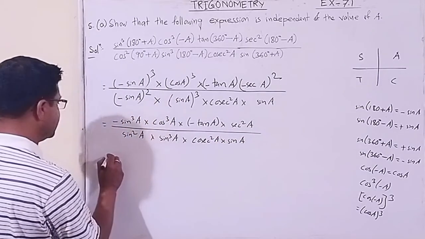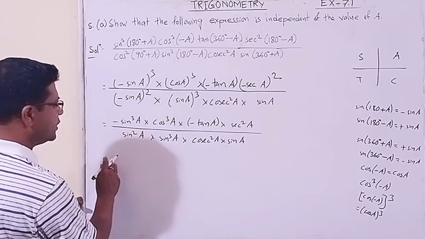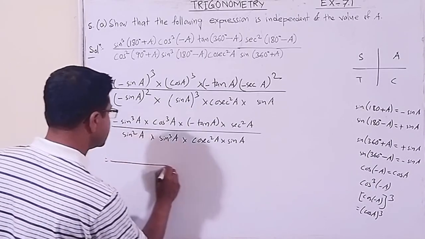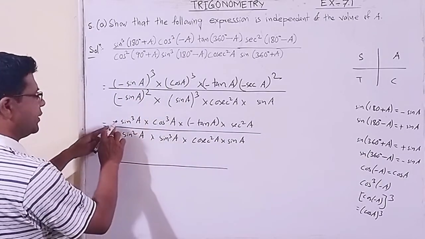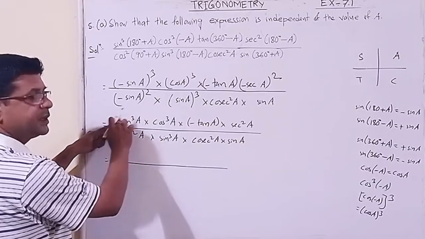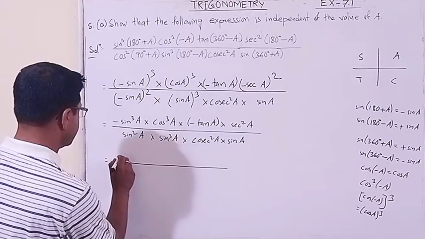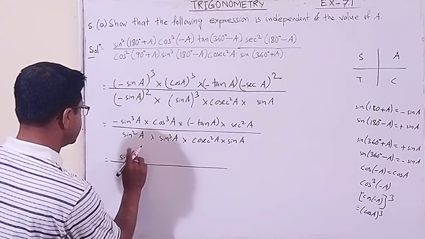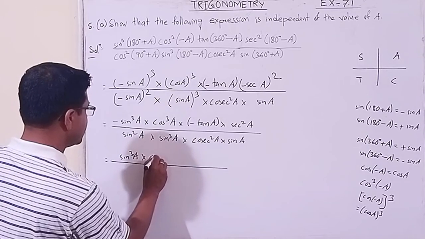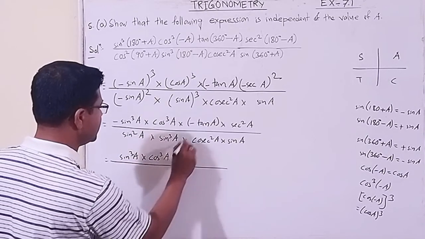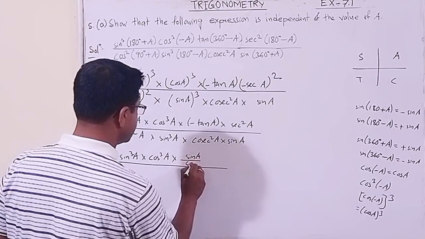All right, let us see whether we can cancel in this line only. First of all, about the sign: there is one minus, there is another minus, minus into minus is plus, so minus is removed. This is sine cube of a, cos cube of a into tan a, meaning sine by cos.